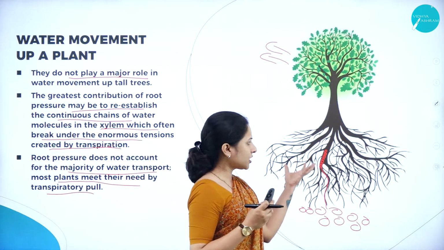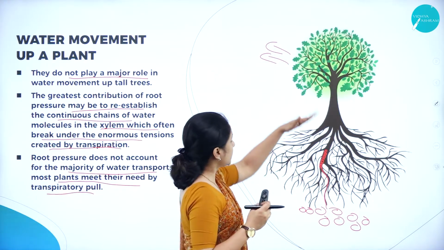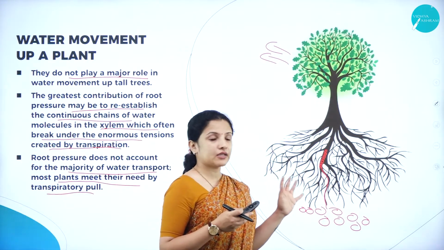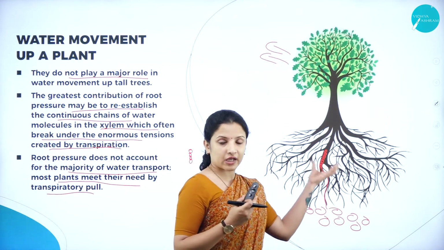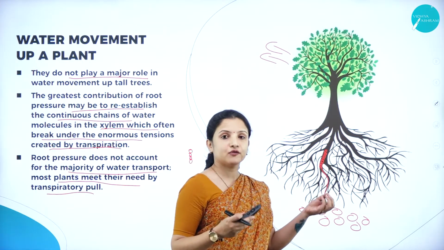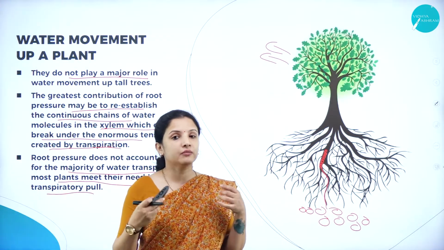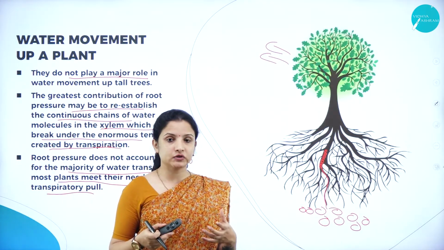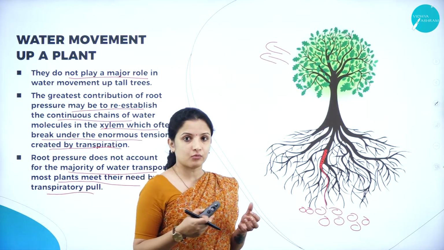bonds. But what happens here is, the transpiration rate is in such a way that it creates a lot of tension in the xylem cells. Therefore, the chains of water molecules will be broken. It will not be possible for it to maintain the chain of water molecules.